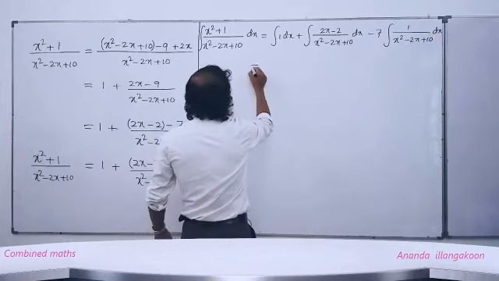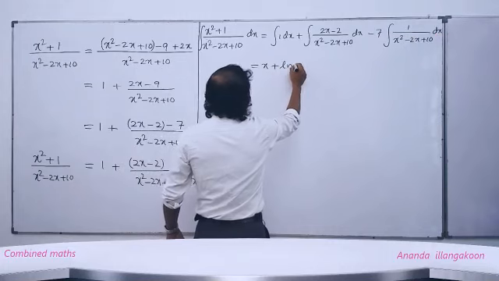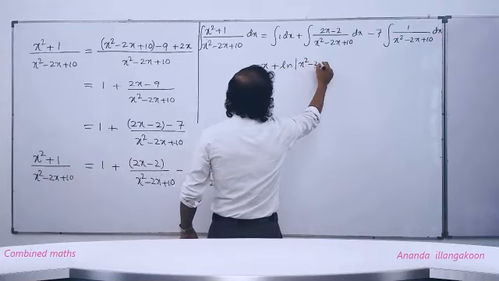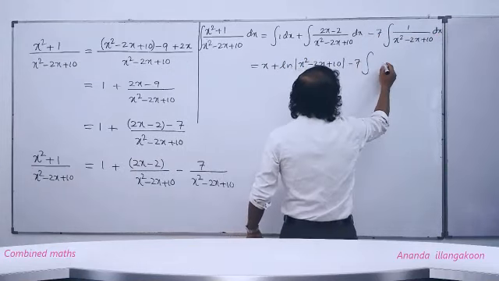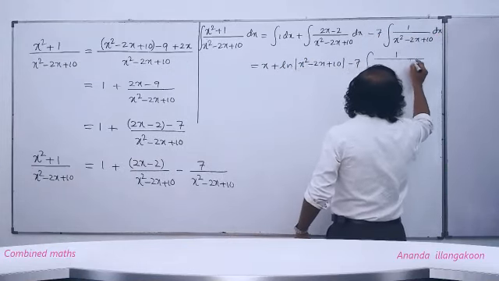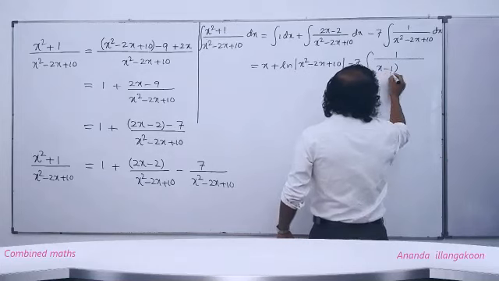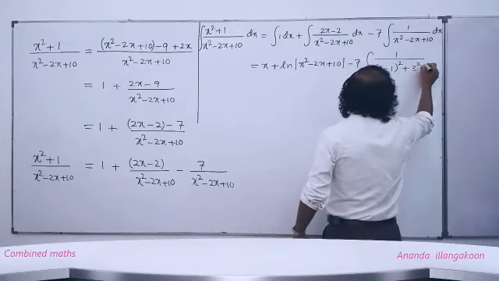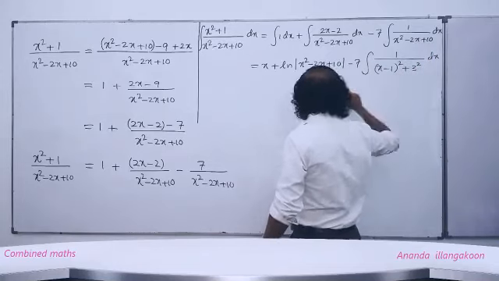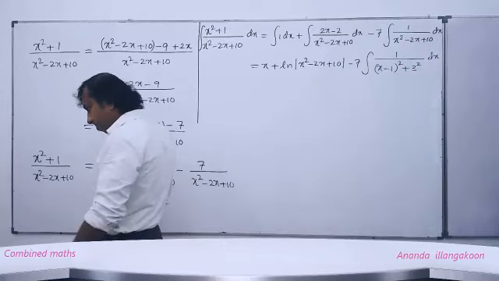This is x, ln modulus x squared minus 2x plus 10, minus 7 integration. Complete the square of this: x minus 1 perfect squared plus 9 coming, 9 is 3 squared. After completing the square, that is what we get.